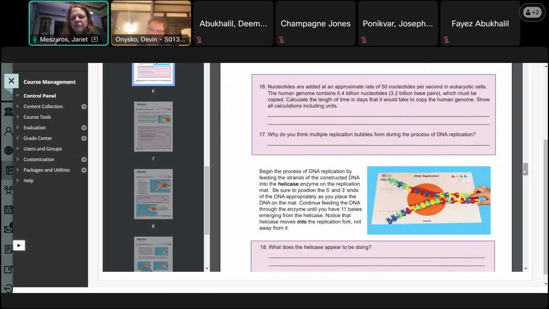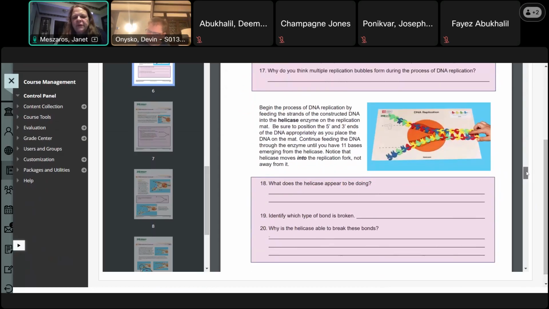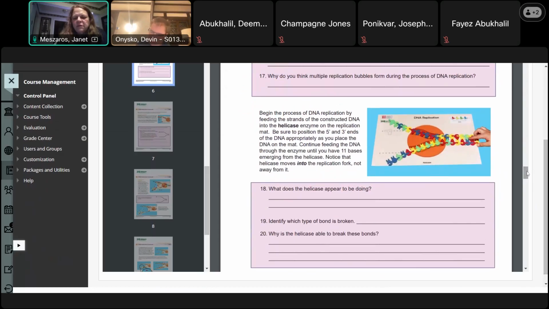Notice that helicase moves into the replication fork, not away from it. What does helicase appear to be doing? I told you this. What is the purpose of helicase? To unwind DNA. Yep, it unwinds the DNA. Identify which type of bond is broken. They're hydrogen bonds.